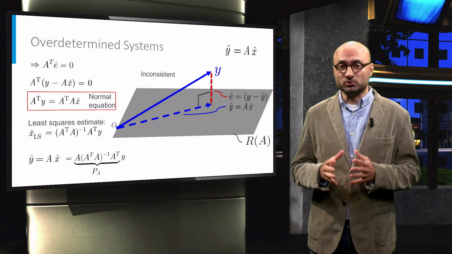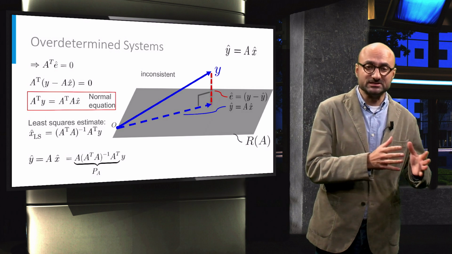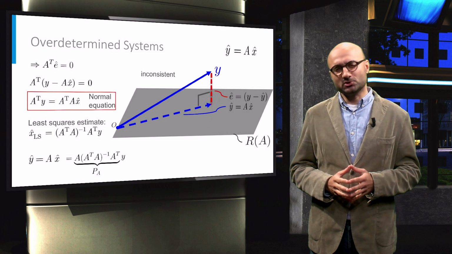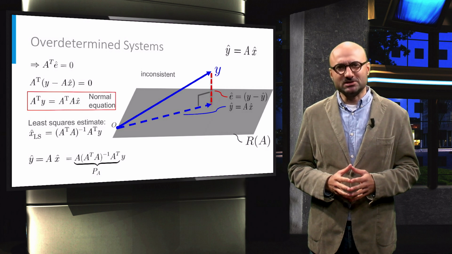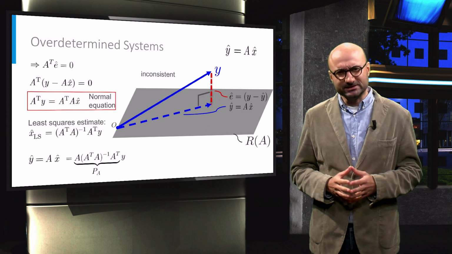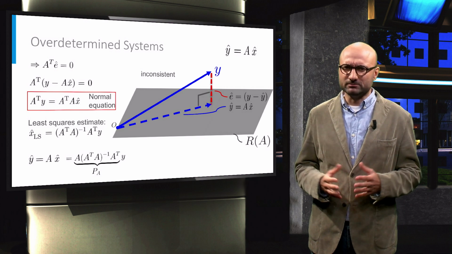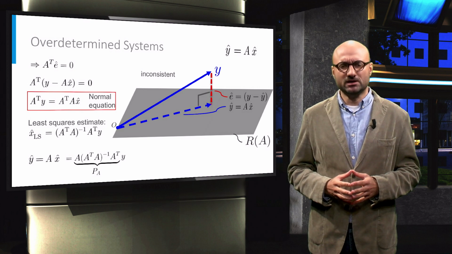P_A means orthogonal projection to the column space of A. Okay, so far so good. Now let's look at some exercises about the projection matrix and its properties, and then continue with a more intuitive example of this geometrical interpretation of least squares.